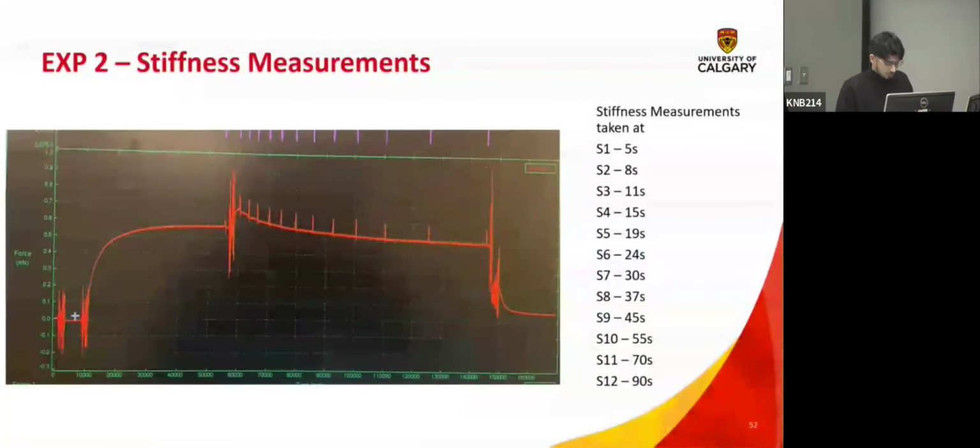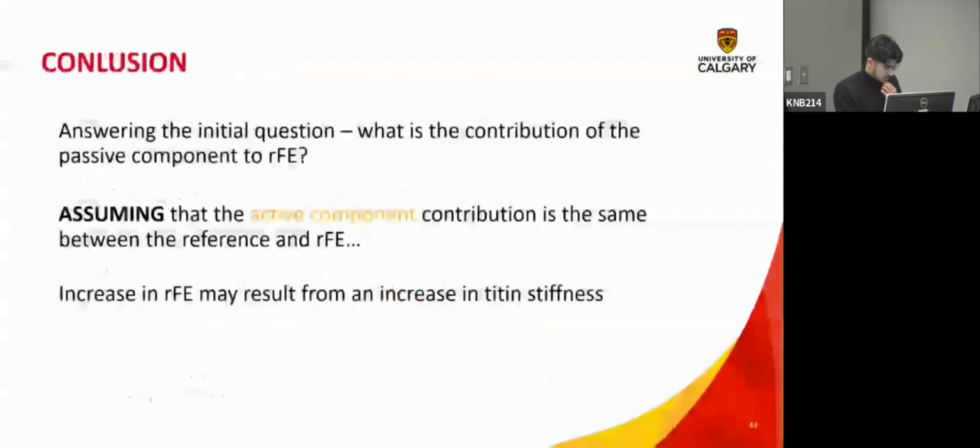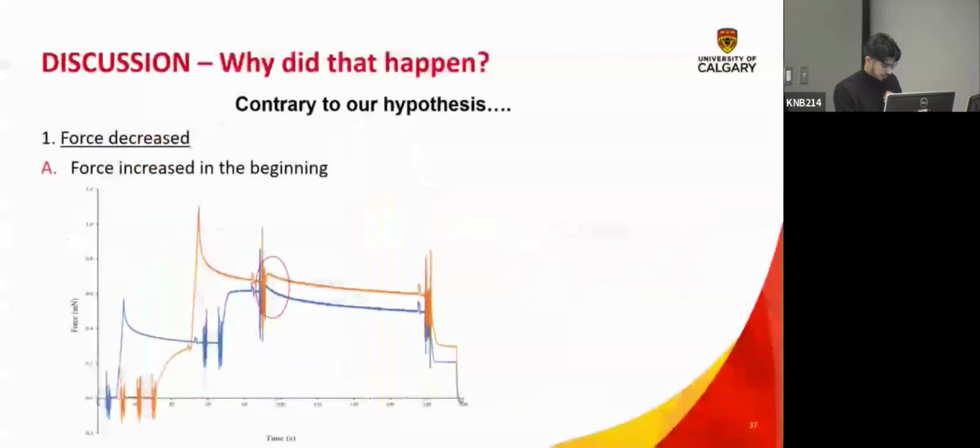Can we go to the result where you show the reference fiber and the fiber going into Rigor? Is that one? Yeah. Sure. So, you know, one suggestion that you make why you have that decrease in force could be the passive force. Mm-hmm.